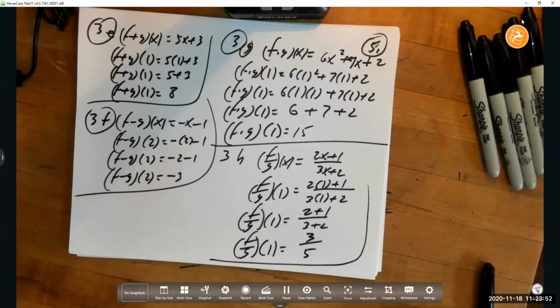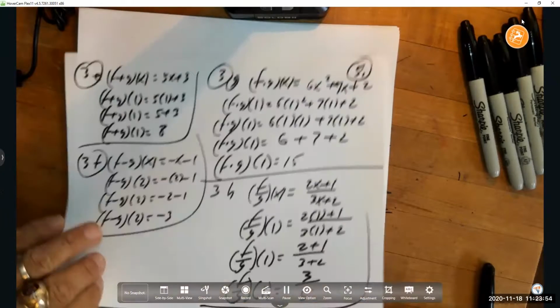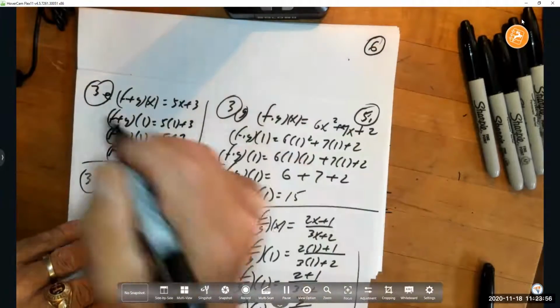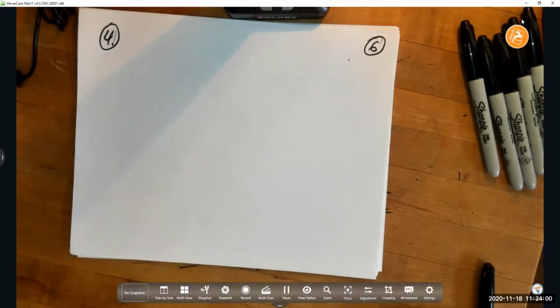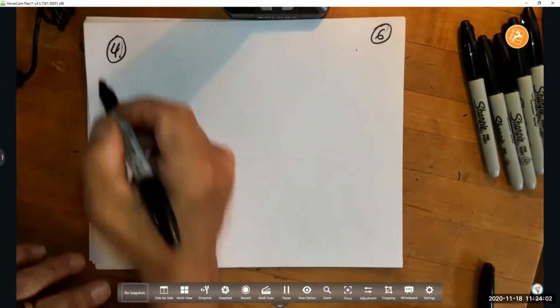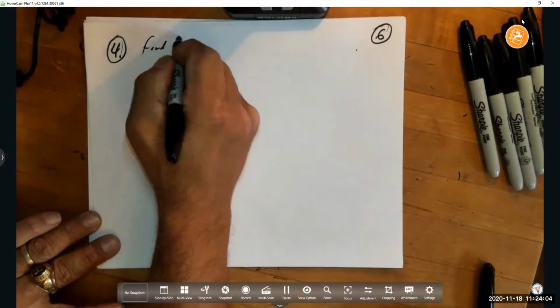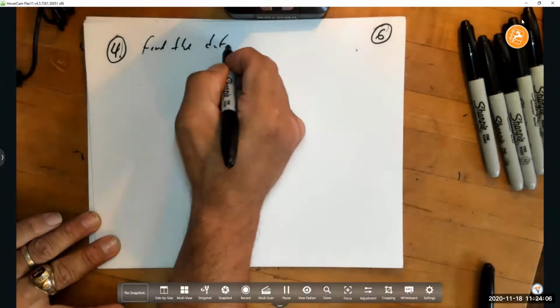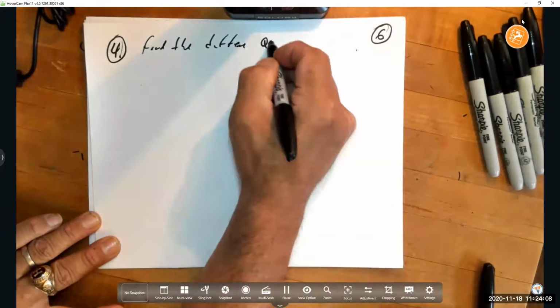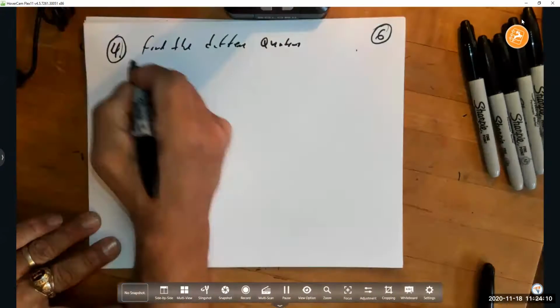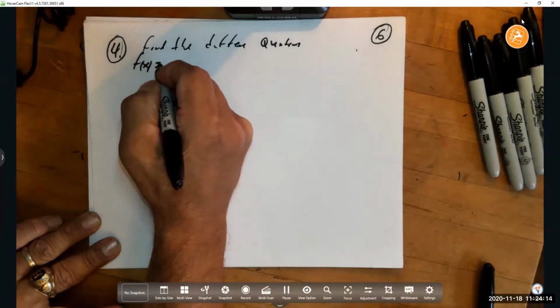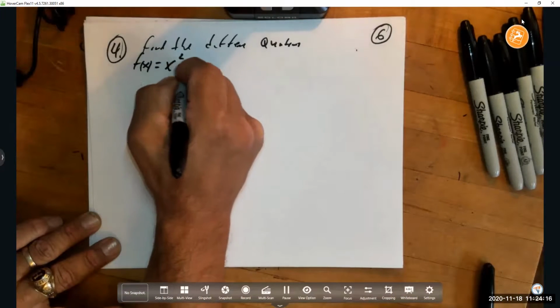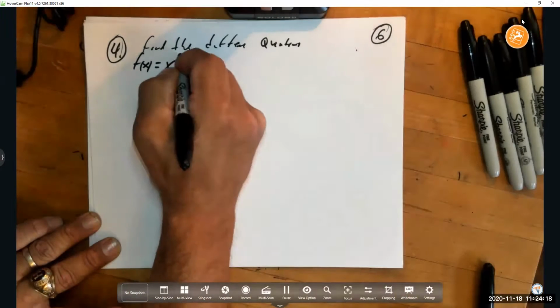Alright, let's go to the next one. Number 6, question number 4. I'm going to say the difference quotient of f of x is x squared minus 7x minus 11.